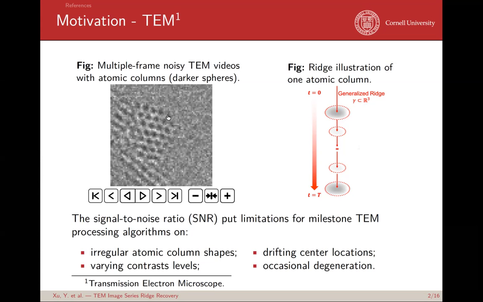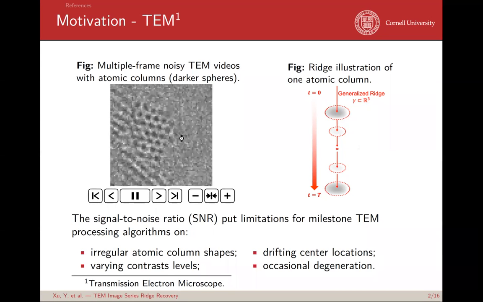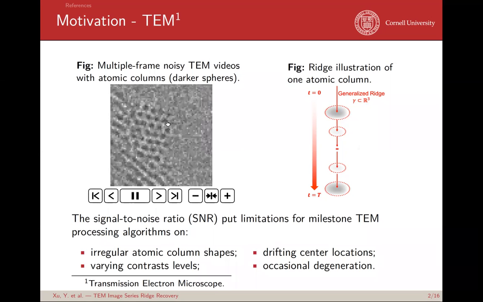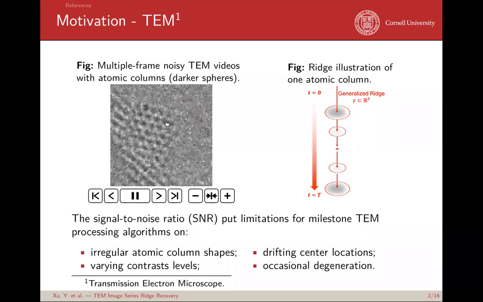Additionally, there are also some frequent abnormal situations where those atomic columns can have irregular projected shapes, drifting centers, varying contrasts, and even occasionally degenerative cases, as the constantly jumping atoms may lead to an absent atomic column. However, if we look instead at the video, one becomes much more certain to make a claim about atomic column locations.